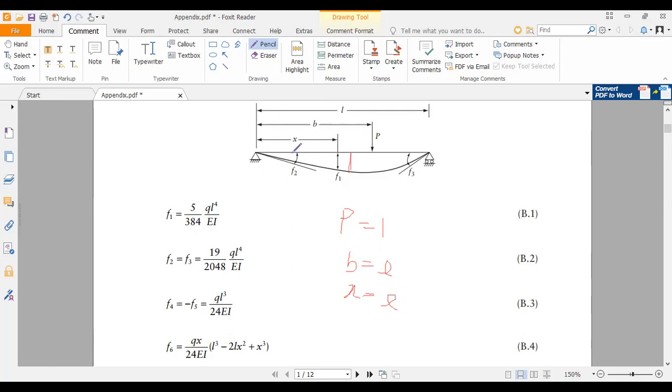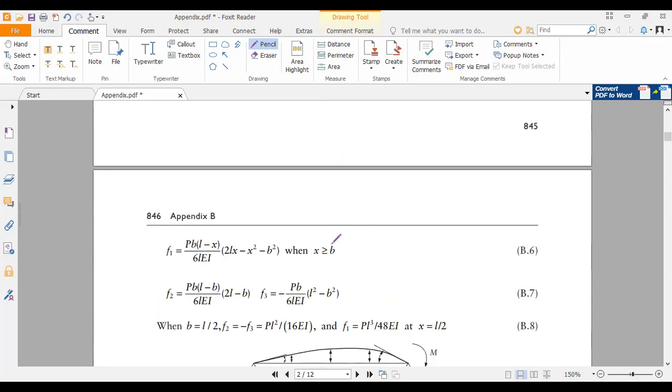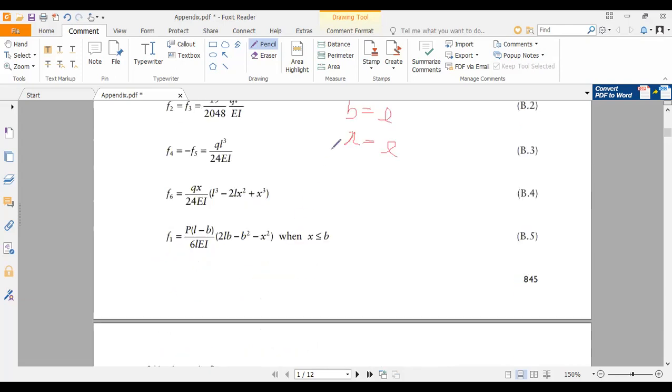At the end, we can take F2 or F3 either, we take F2. It doesn't matter, this is symmetric. So if it is P1, we are going to use P6 for F1, okay?